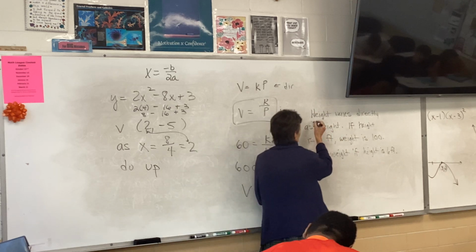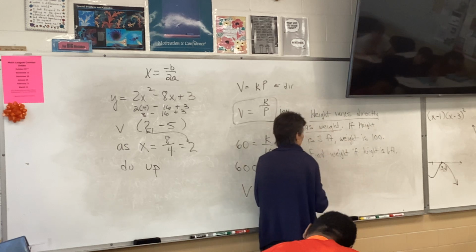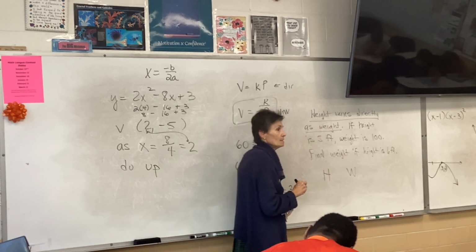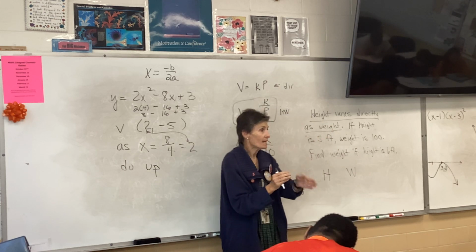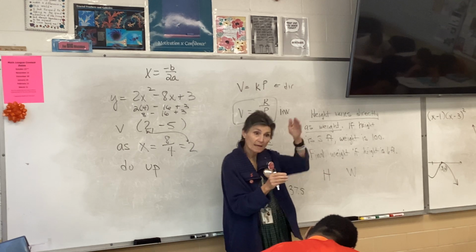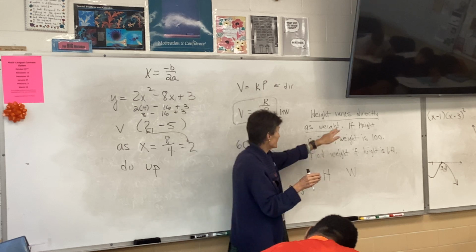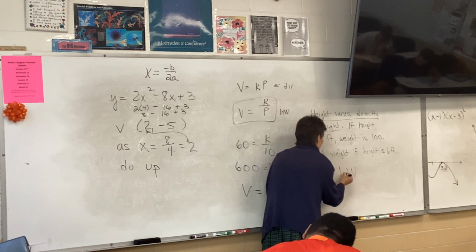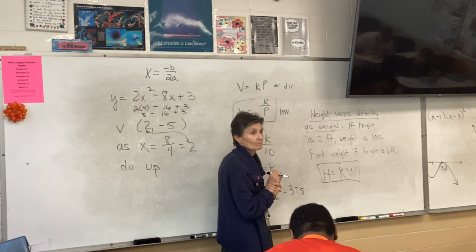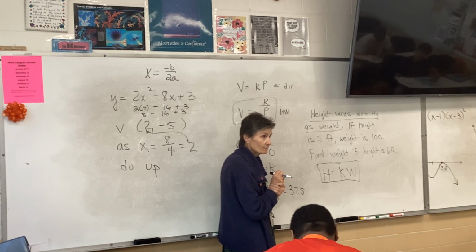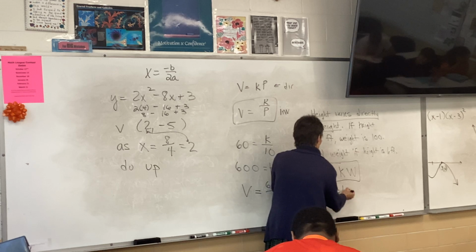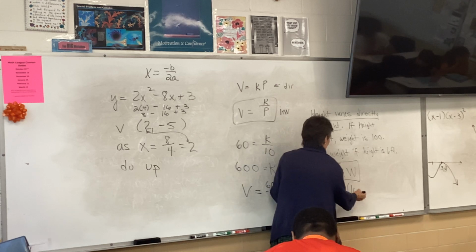All right, so what does this tell me? This tells me that my two variables are height and weight. So it's either going to be H equals KW or H equals K over W. Which one is it? KW. So there is your equation. If the height is 5, the weight is 100.